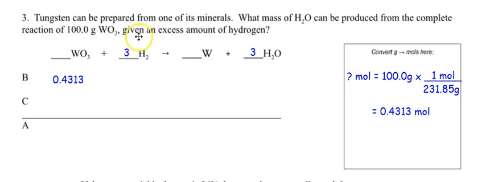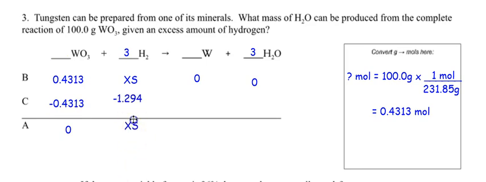Now, what else did they tell me? Given an excess of hydrogen. Woohoo! And I'll go ahead and put these guys in. All right, so obviously my WO3 is going to be my limiting reactant because I have excess of the other one. So 0.4313 divided by 1 times 3 is 1.294.